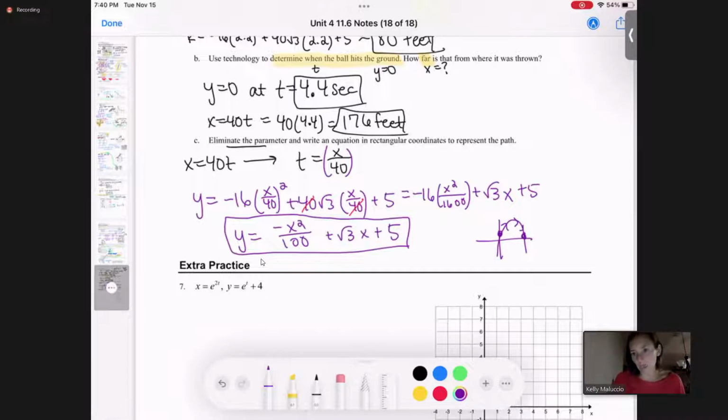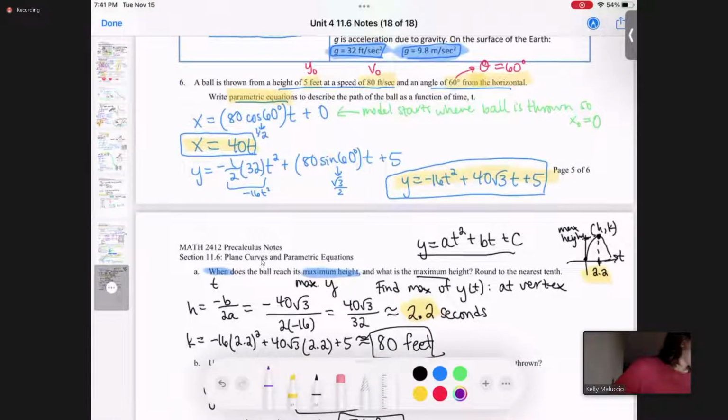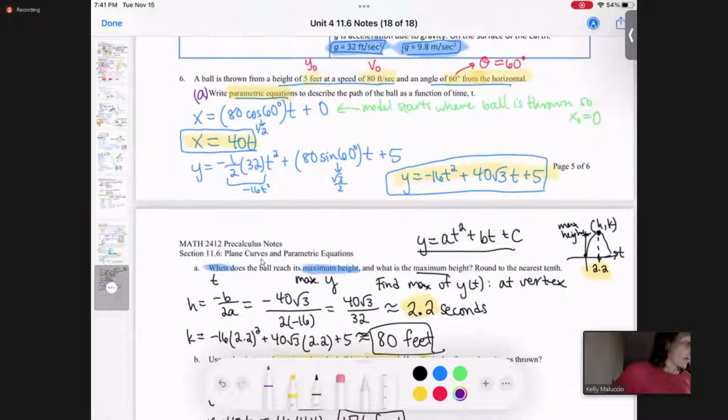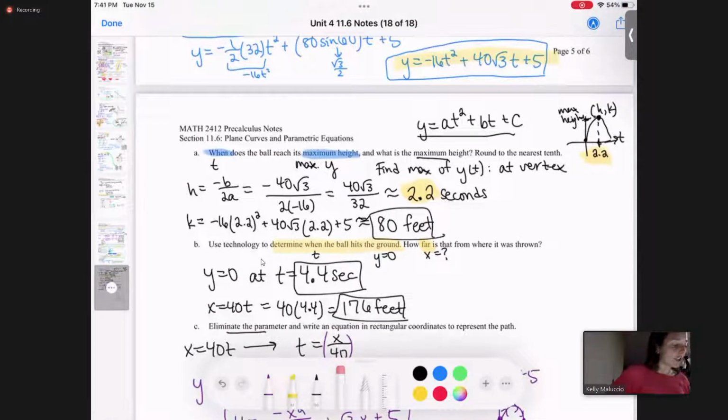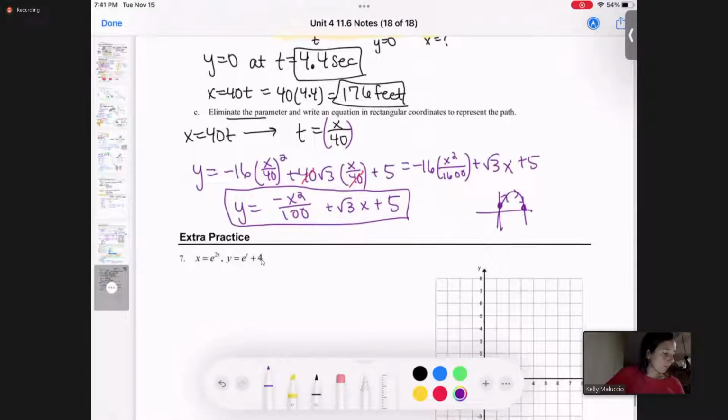We can even refer to our notes and say, you should know how to do A, B, and C, but only 2 of these parts will be asked of you, right? And actually, technically this was A, and then it was B, C, D. So I know for a fact it's not this many parts on the test. I think it's like 2 out of the 4 or something like that. Yeah, it's definitely not as bad.